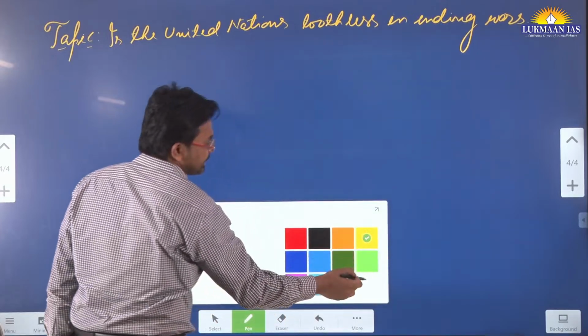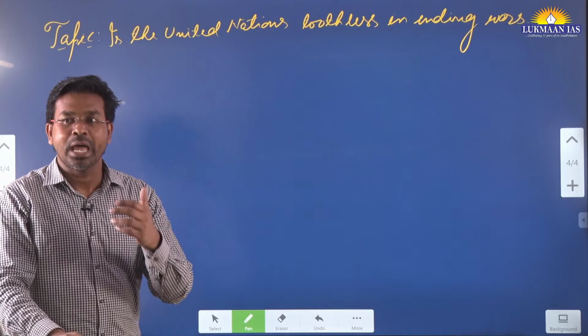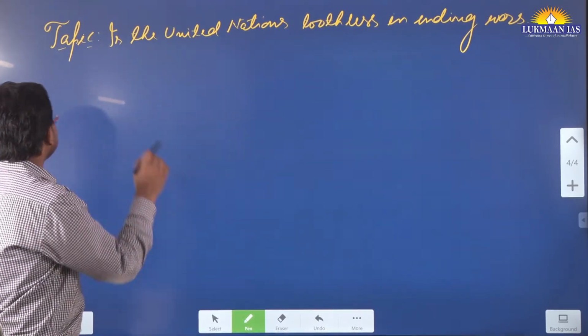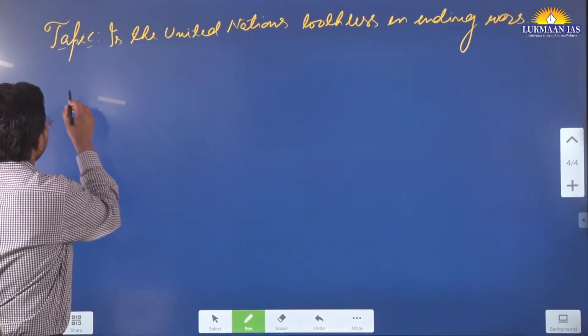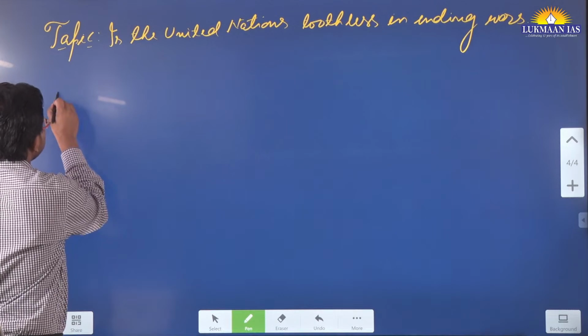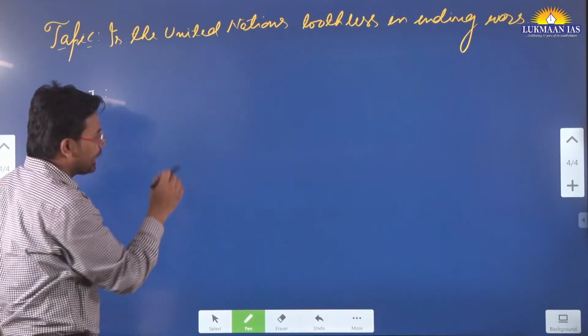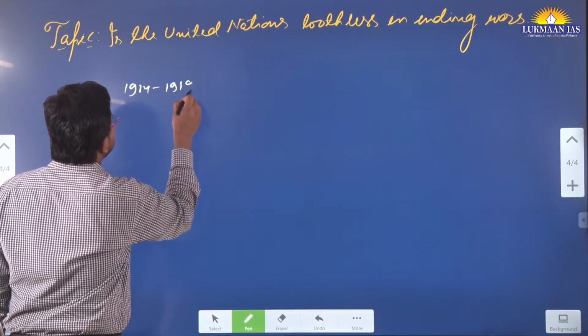To understand this topic, we need to understand the genesis of the United Nations system, how it came into being. It has its genesis post World War II. Initially, we saw World War I, which was fought between countries from 1914 to 1919.